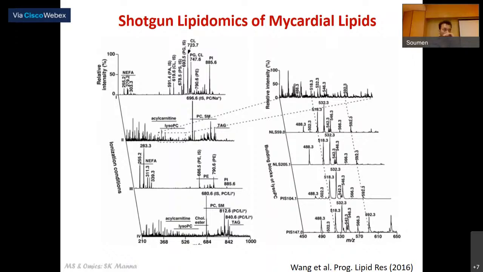And that has been possible because now we have very fast scanning mass spectrometers, because within a given time window, your mass spectrometry cycle time has to be significantly shorter than the shortest peak that you can get in your chromatogram.